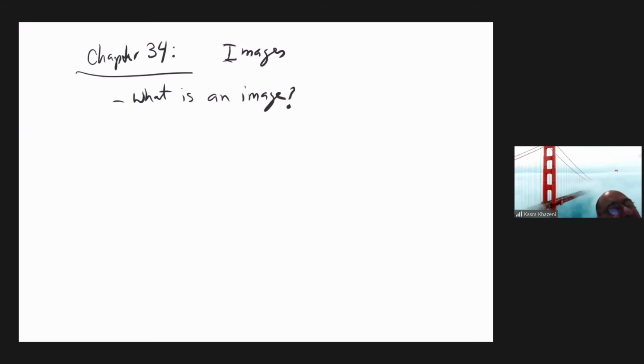Well, our eyes will see an object, and then an image of that object is formed inside our eyes, in the retina, and then our brain processes that and says, oh, okay, so there is an object there.